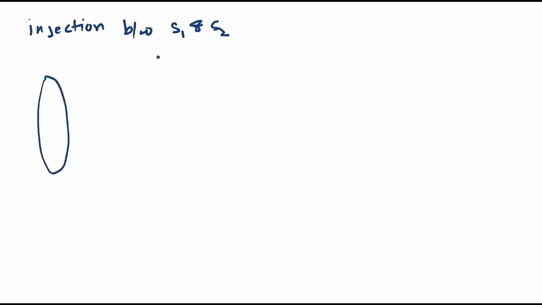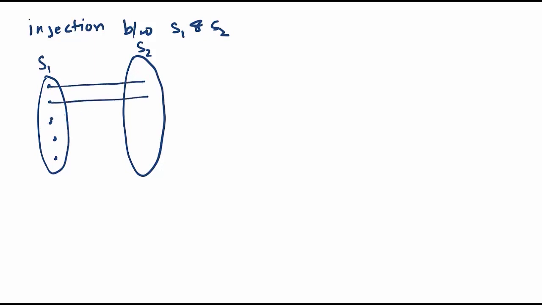So I can say that injection between S1 and S2 is possible when, let me look at it. Let's suppose this is S1 and this is S2, and we want injection. Injection means we want each element of S1 to relate to a unique element in S2, right?